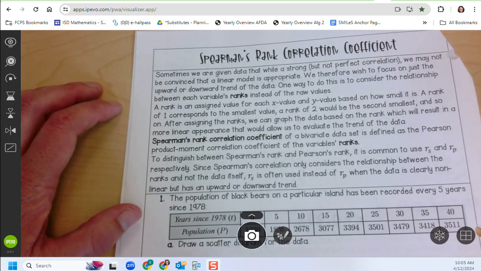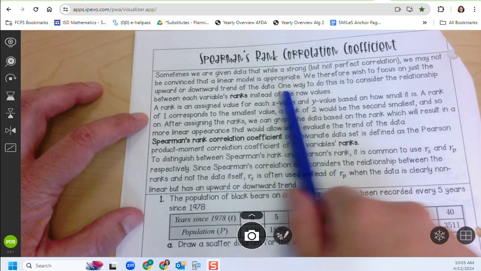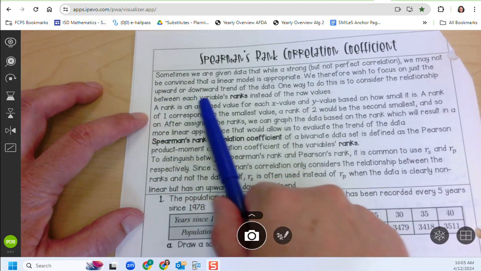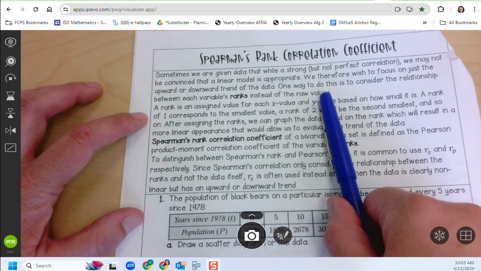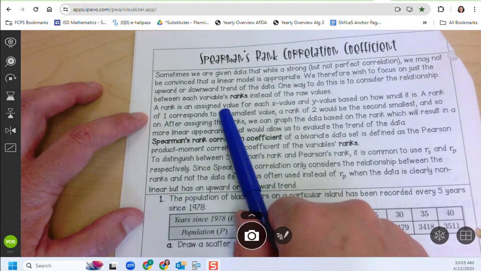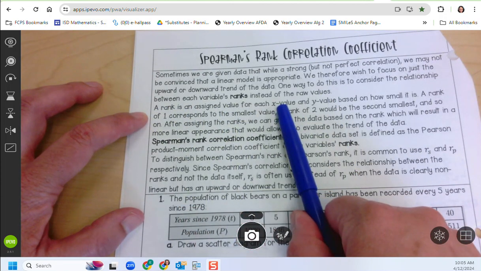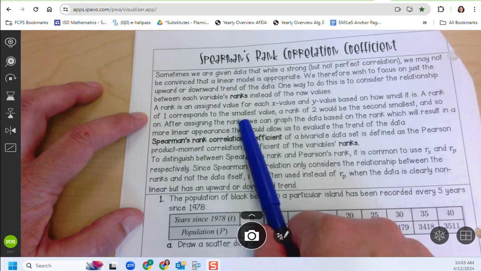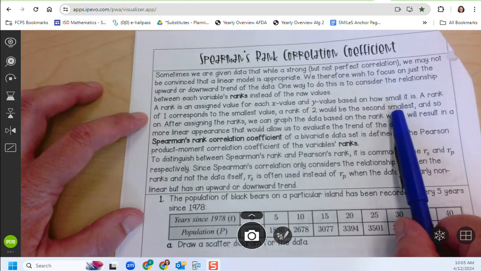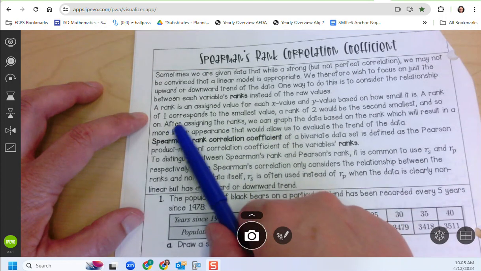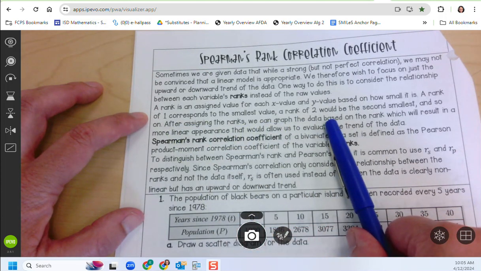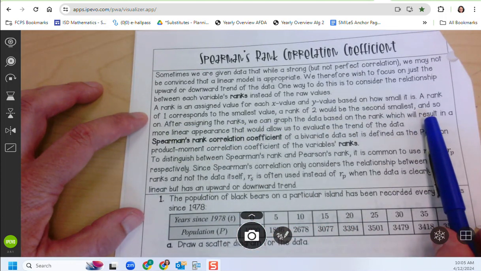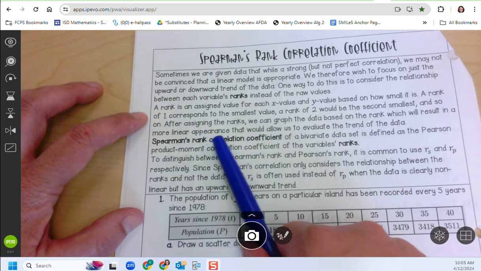So one way to do this is to consider the relationship between each variable's ranks instead of the raw values. A rank is an assigned value for each x and y value based on how small it is. A rank of 1 corresponds to the smallest value, and a rank of 2 would be the second smallest, and so on. After assigning the ranks, we can graph the data based on the rank, which will result in a more linear appearance that would allow us to evaluate the trend of the data.